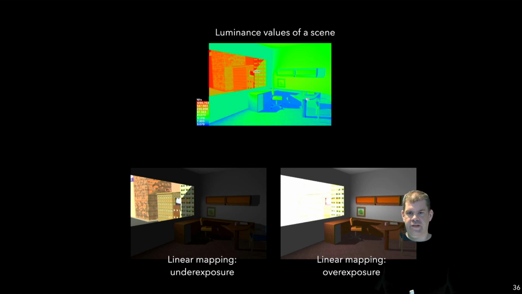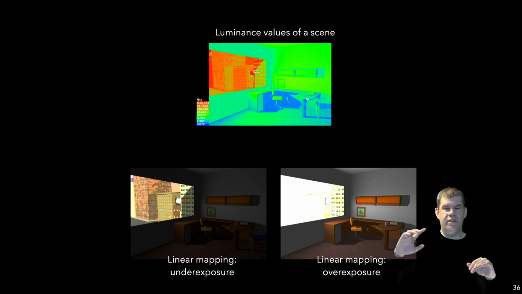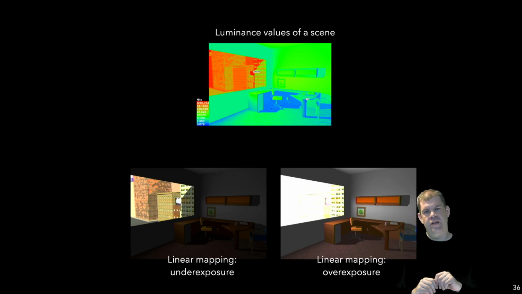Let's take our hello world example again: indoor scene, bright window. To get more data displayed, I can use a color map, and I just want to use luminance here. I'm only interested in brightness, and that's what you mostly care about in HDR. You can separate brightness from color information relatively easily, deal with the brightness, and add color later.